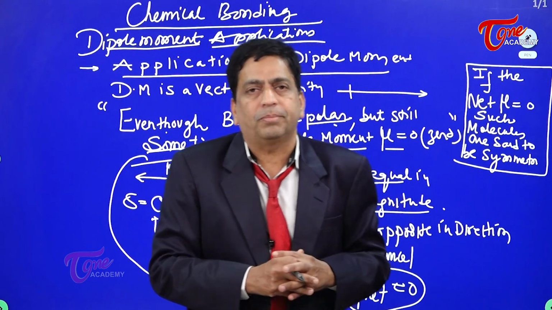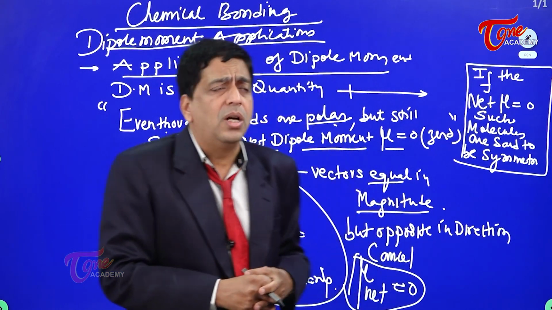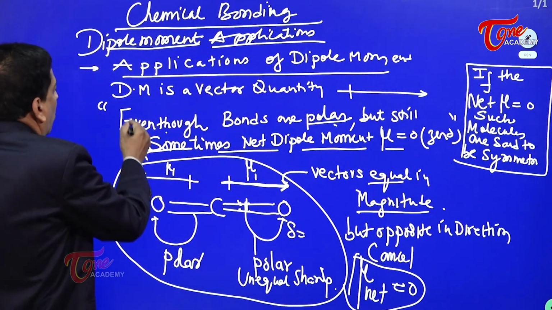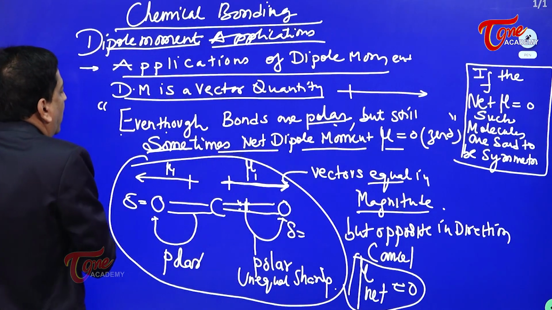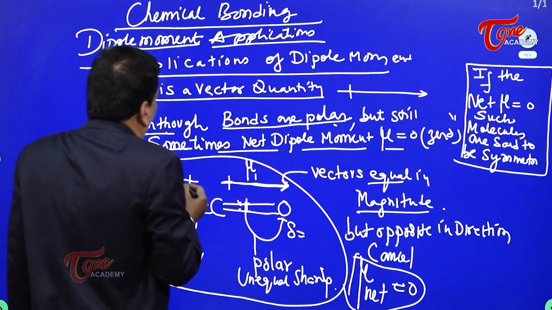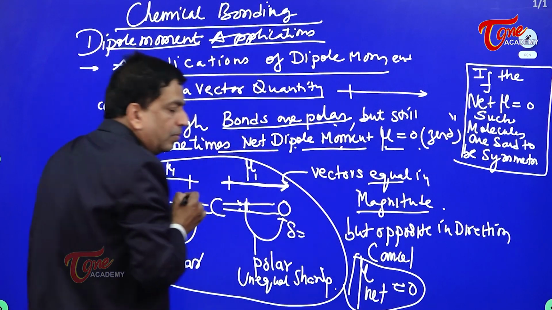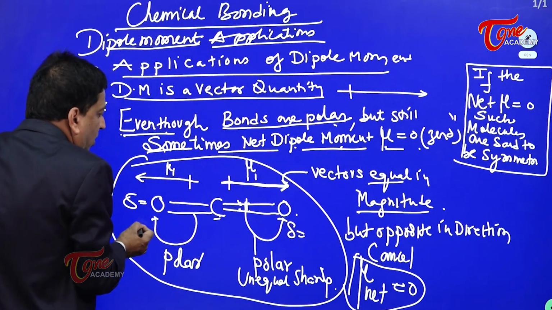You must understand. Right? Well, let us extrapolate and understand better. But before I go there, understand that dipole moment is a vector quantity. And what I'm writing is, even though bonds are polar, still sometimes the net dipole moment comes to 0. You can see here this bond is polar, this bond is polar.